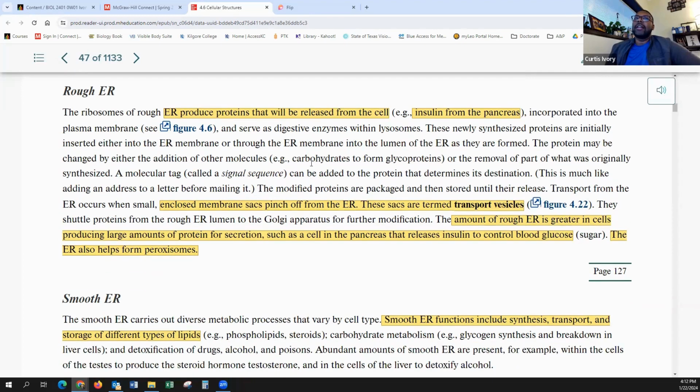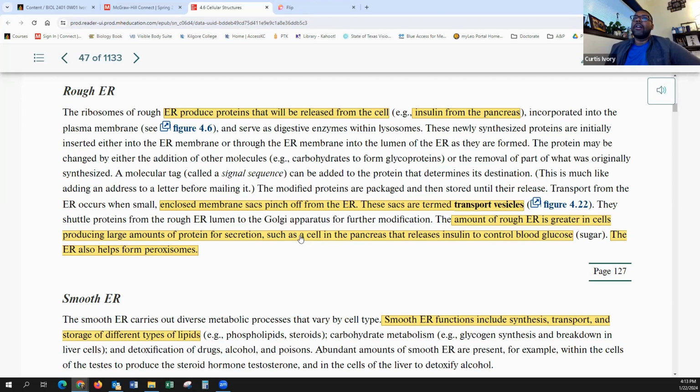The ER can also be pinched off to make transport vesicles. That's one reason why you always find the Golgi apparatus right next to the endoplasmic reticulum, or the rough ER. The amount of rough ER is greater in cells producing large amounts of protein for secretion, such as the pancreas that controls your blood sugar.